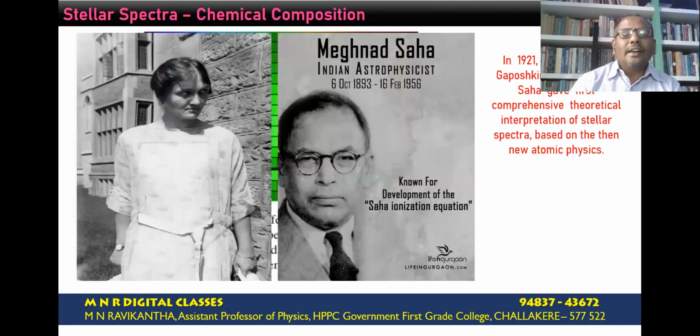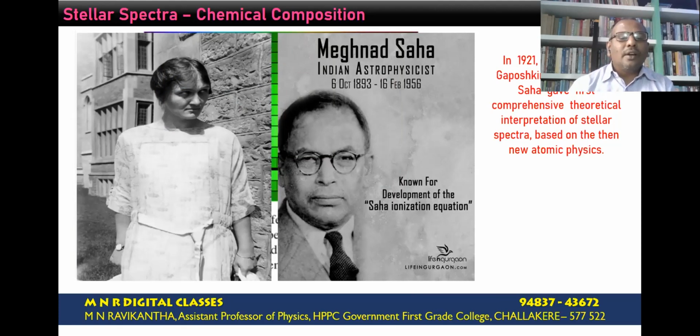But in 1921, Cecilia Payne and Meghnad Saha gave the first comprehensive theoretical interpretation of the stellar spectra, based on the new atomic physics, that is quantum mechanics, developed at that time.